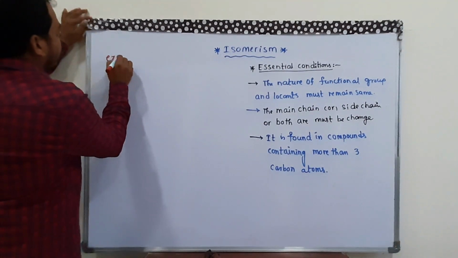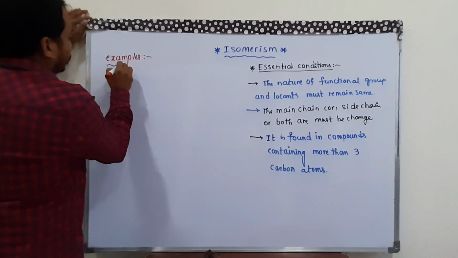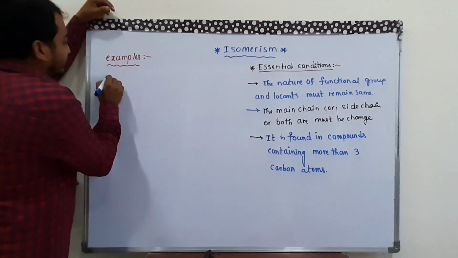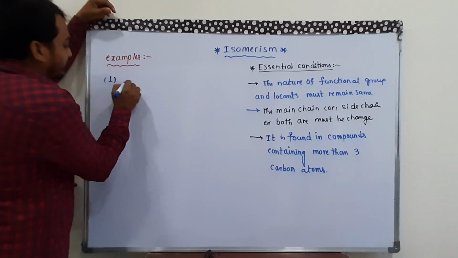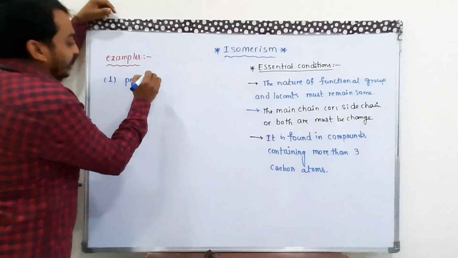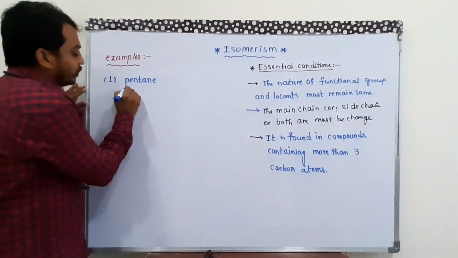So, examples. The first one is pentane. Pentane is one compound.